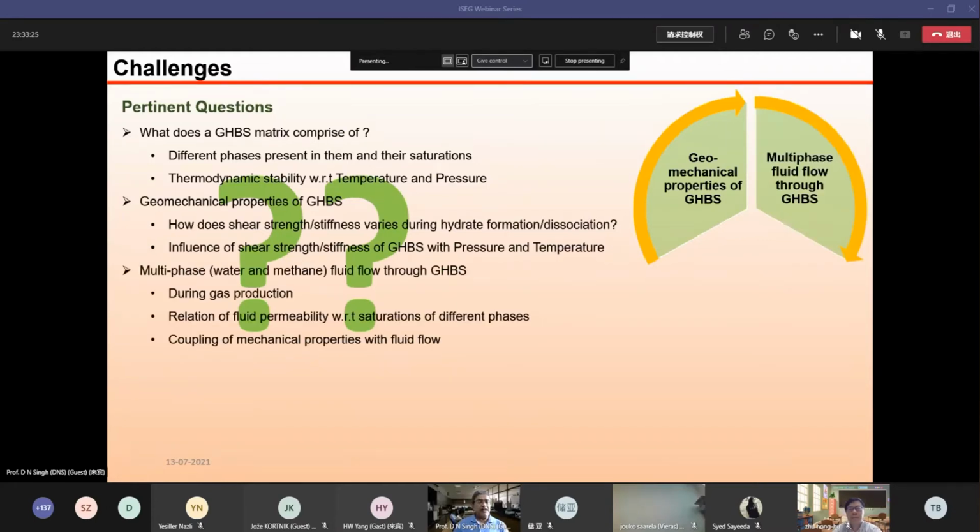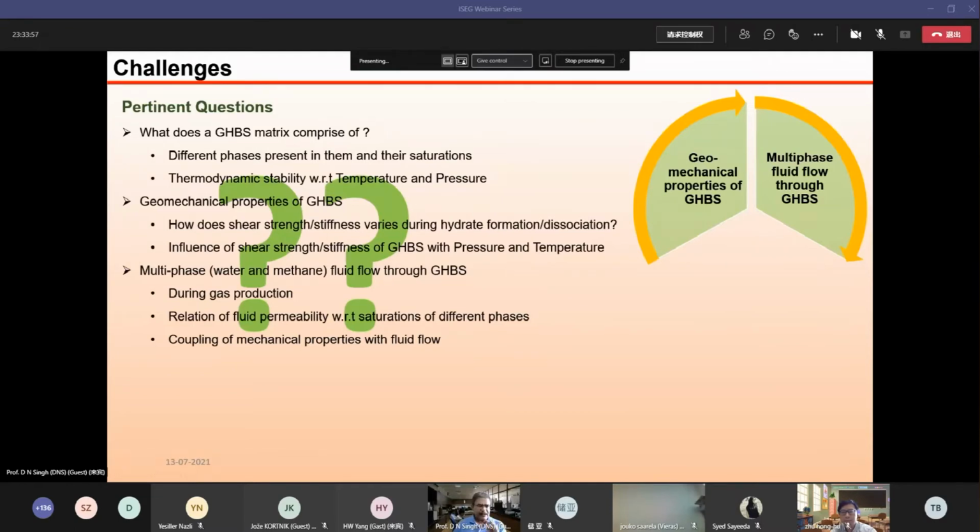The multiphase flow, which I just talked about, water and methane coming together during production, what would be their kinematics, how they are going to behave. We talk about relation of fluid permeability with respect to saturations of different phases. Now, when we talk about the saturation of phases, the most important saturation state we talk about is the hydrate saturation, because all these geomechanical properties are going to be a function of hydrate saturation.